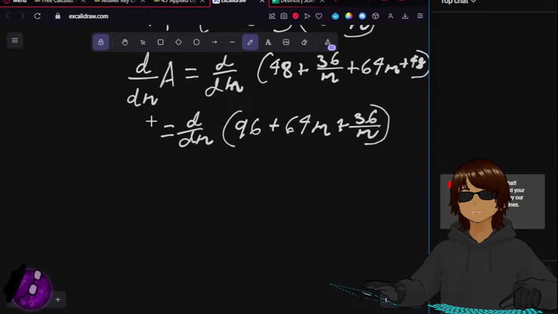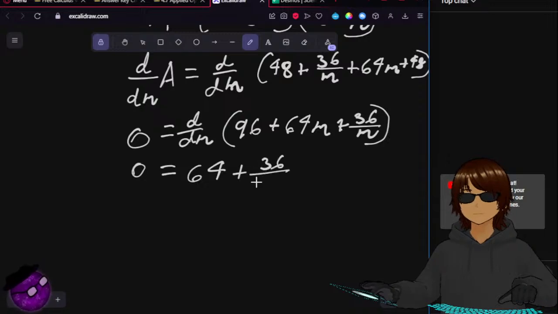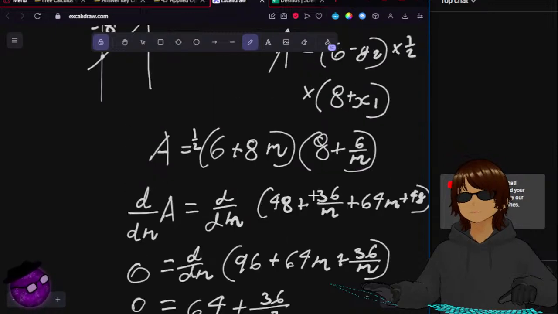And I want the derivative to be 0. Yeah. So I'm left with 64 plus, yeah, squared. Wait, I'm getting a minus here.